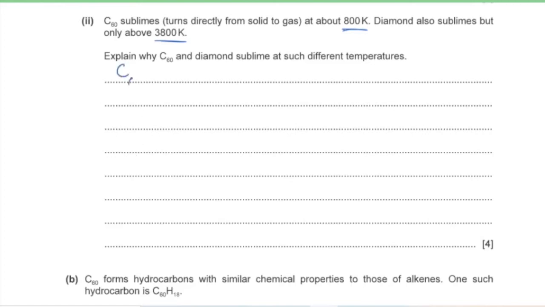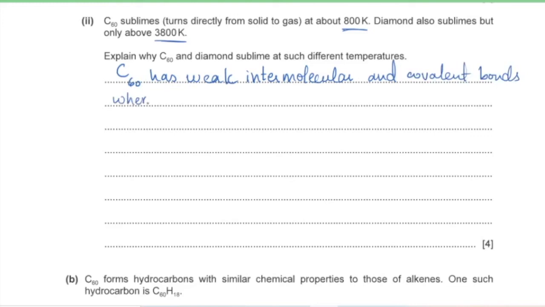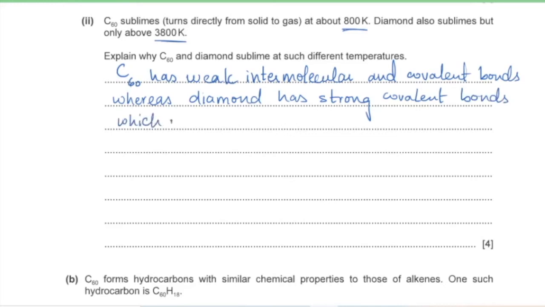So we can write that C60 has weak intermolecular forces and covalent bonds, whereas diamond has strong covalent bonds which are stronger than that of C60.